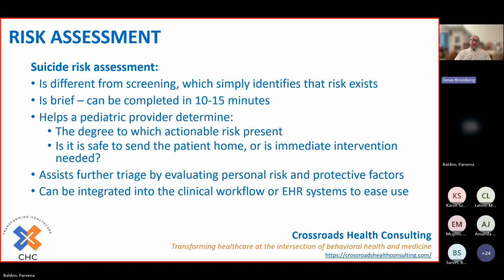This can be completed briefly, sometimes in as quickly as 10 to 15 minutes. Many EHR systems are built to support this, and it should be something that your clinical care team talks about, plans, and builds a workflow and process around, so that when these events do occur, everybody knows how to do it in a simple and easy way.